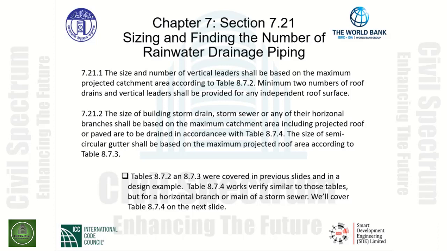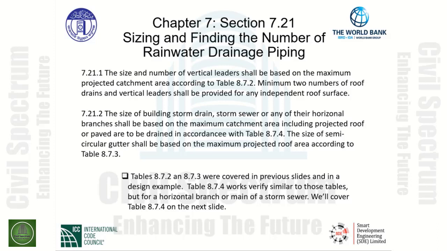The size of semicircular gutter shall be based on the maximum projected roof area according to Table 8.7.3. Tables 8.7.2 and 8.7.3 were covered in previous slides and in a design example.